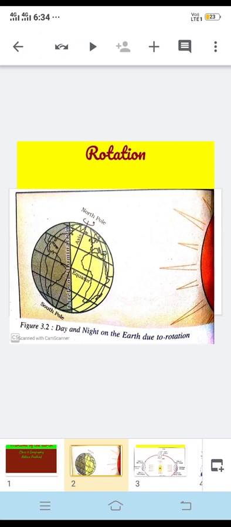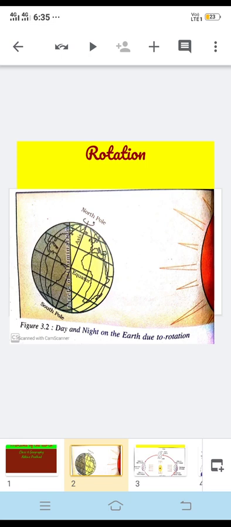The axis of the earth, which is an imaginary line, makes an angle of 66.5 degrees with the orbital plane. The plane formed by the orbit is known as the orbital plane.